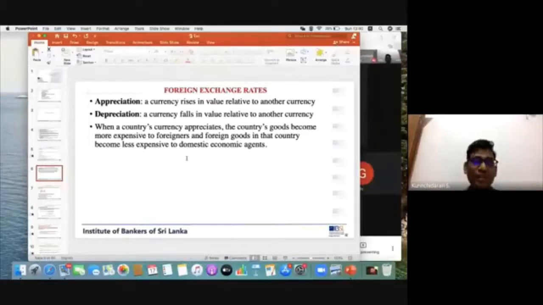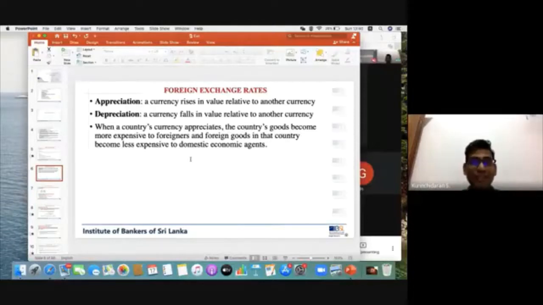So when a country's currency appreciates, the country's goods become expensive, because now our country's currency appreciates. If they want to buy a Sri Lankan product, now they have to pay more. Who? Foreigners, they have to pay more because the Sri Lankan currency appreciates.